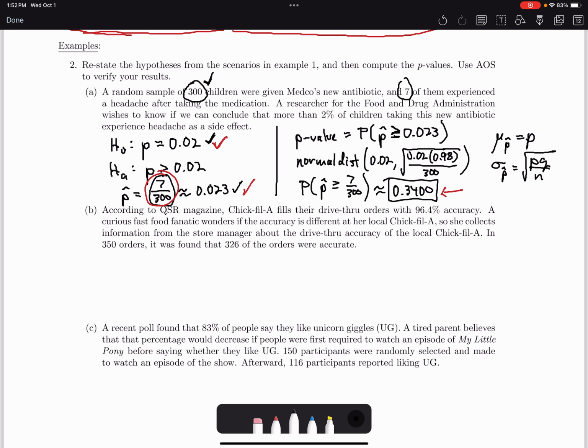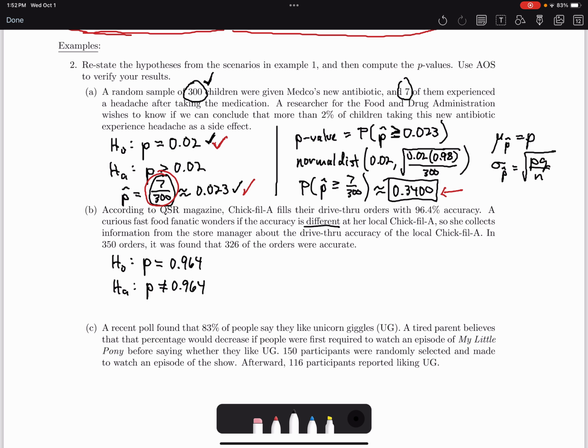So just rewriting our null and alternative hypotheses, the null hypothesis is that the accuracy rate at this local Chick-fil-A is the same as it is everywhere else, right? p equals 0.964. The alternative is that the accuracy rate is a little bit different. She wonders if the accuracy rate is different. So p not equal to 0.964.